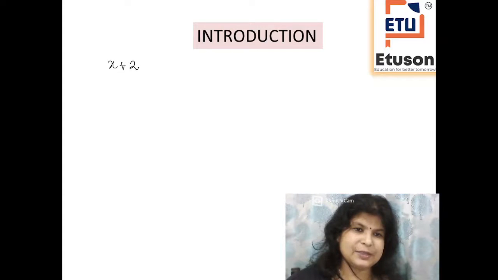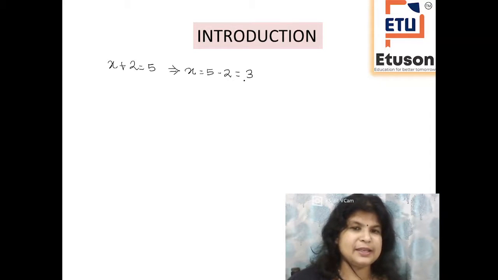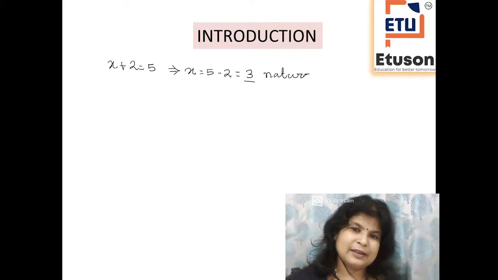For example, suppose you have x plus 2 is equal to 5. Then what is the solution to this? So x is equal to 5 minus 2, that is equal to 3. So what kind of number is 3 here? So 3 is a natural number. Correct or not?